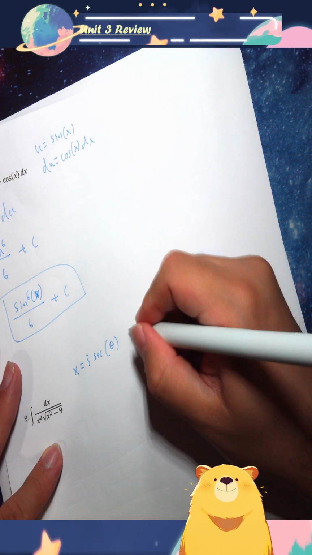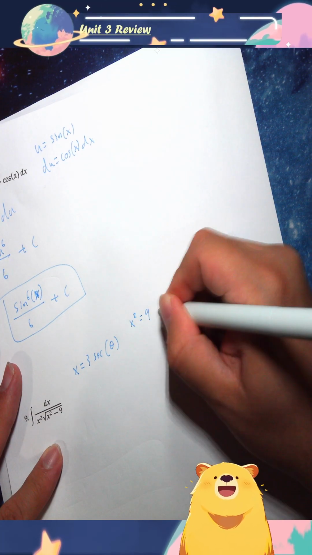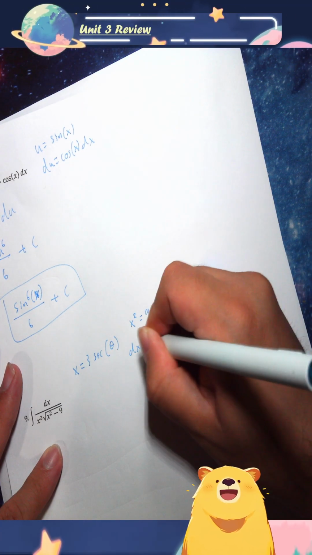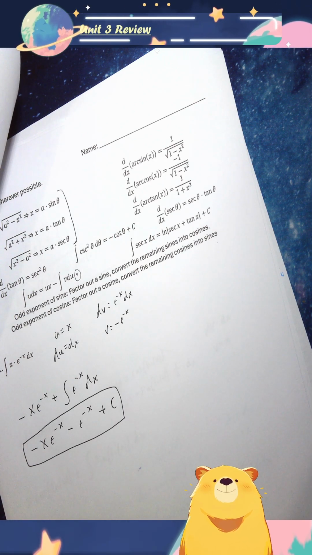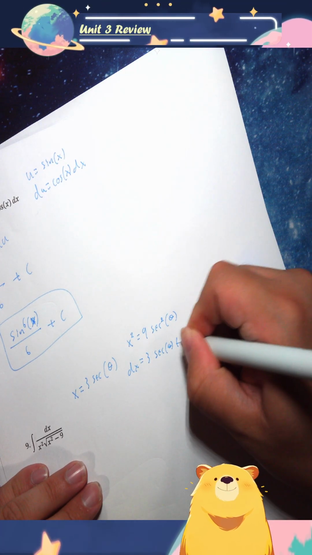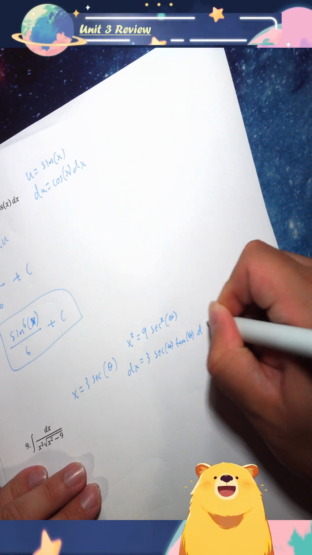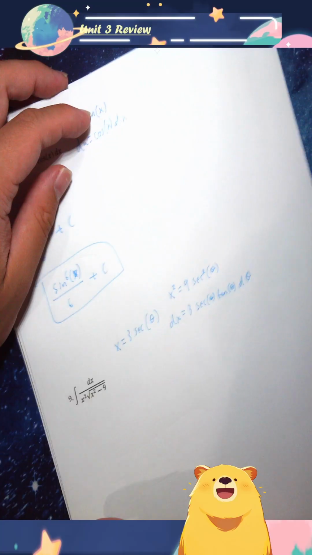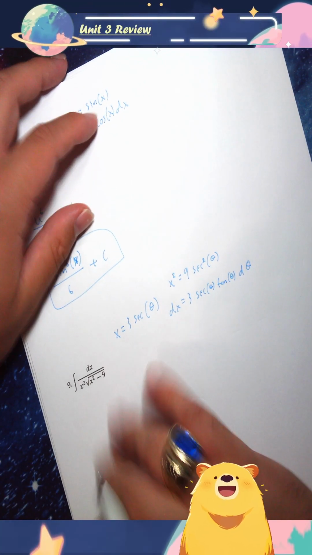That means x squared must be 9 secant squared of theta, and dx is 3 secant of theta tangent of theta d theta. All right, let's plug all that in.